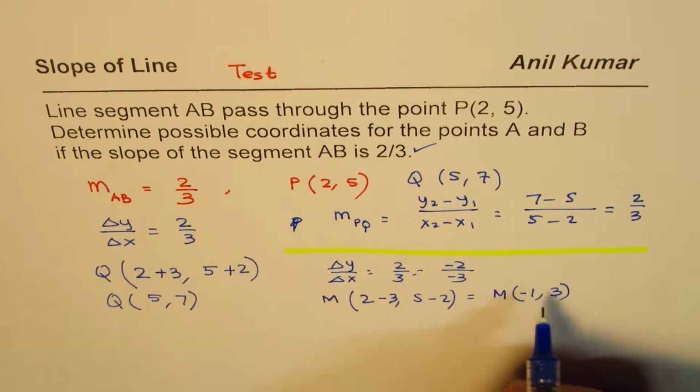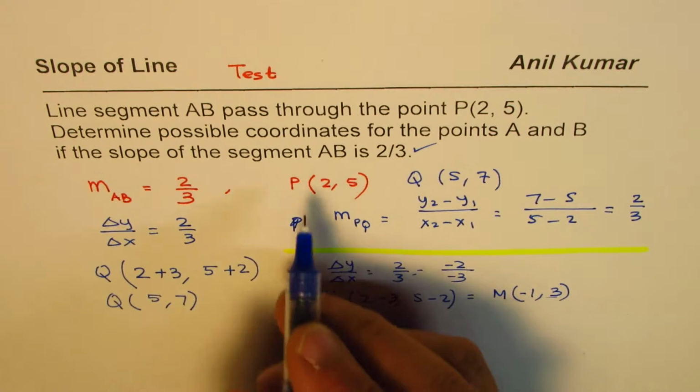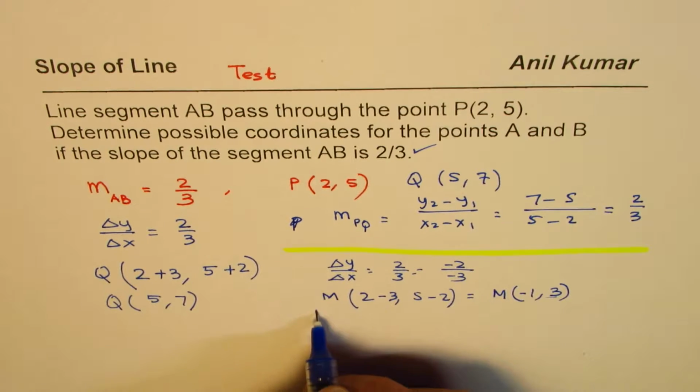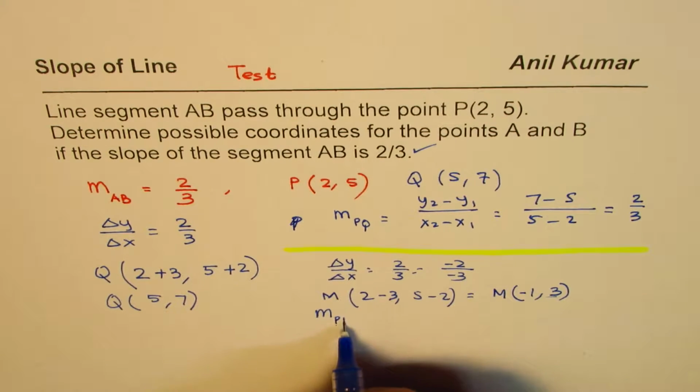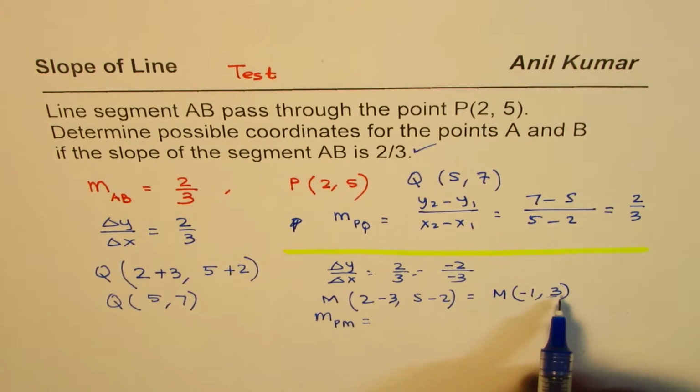Will it work? Let us check. So the two points are P (2, 5) and M (minus 1, 3). What is the slope of line PM? I'm assuming M to be my second point.